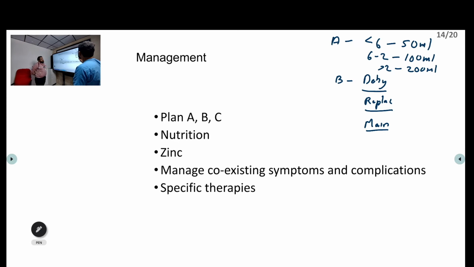Okay. Coming to correction of dehydration in plan B, if the child is taking oral feeds, we go with ORS, 75 ml per kg over 4 hours. Okay. That is plan B management for correcting the dehydration. Then we correct the ongoing loss, which is the same as plan A. Then we come to the maintenance therapy, where you can go with the Holliday-Segar formula.